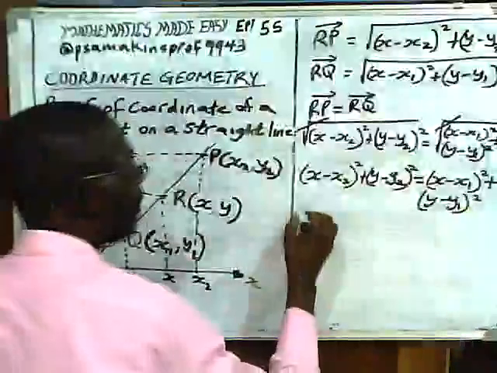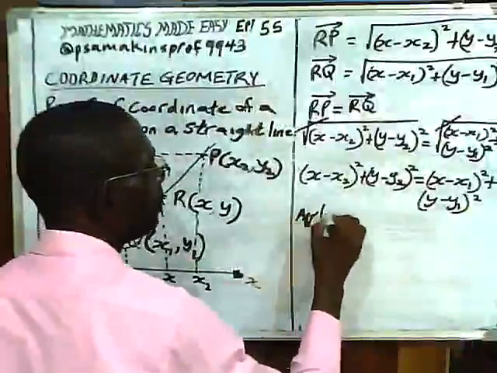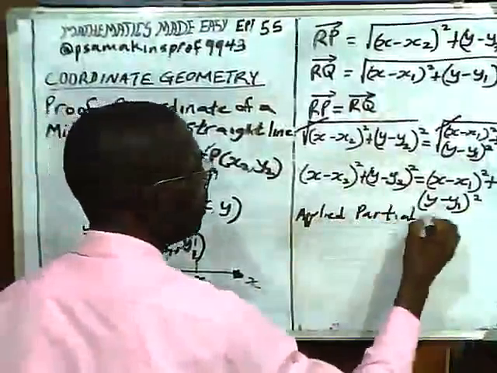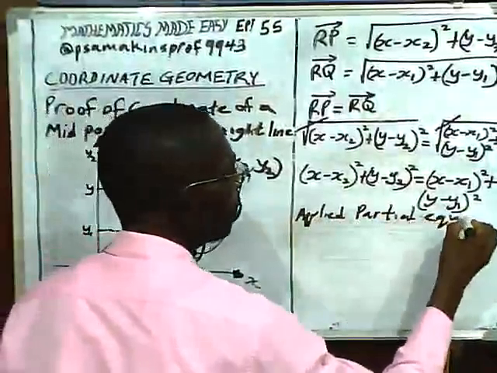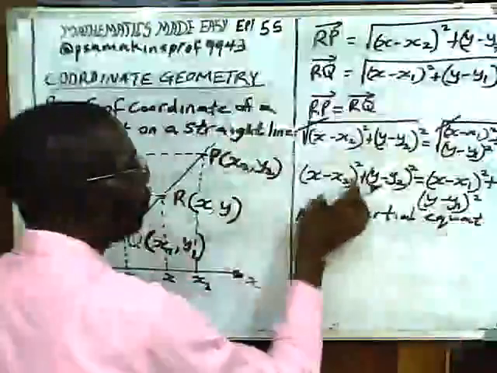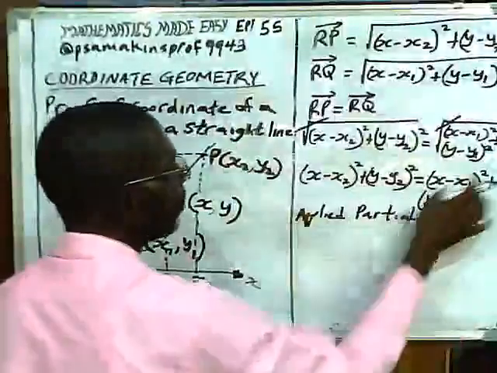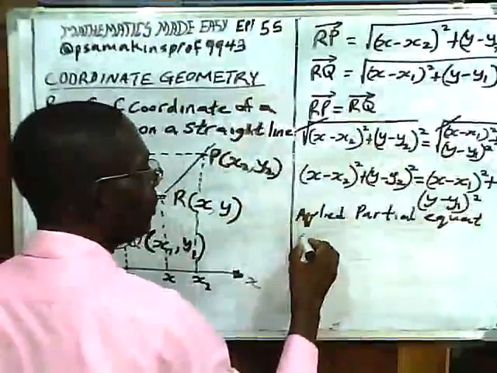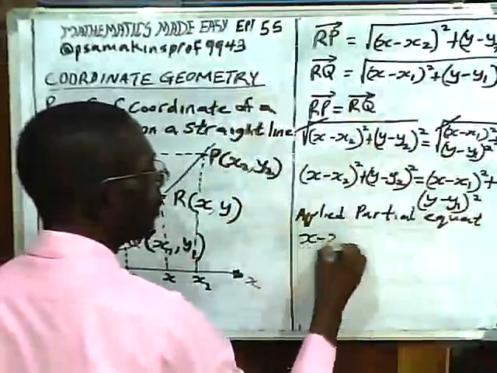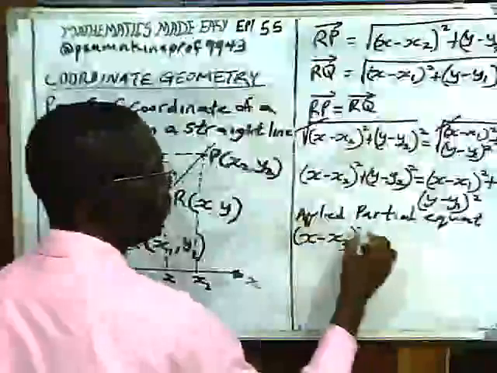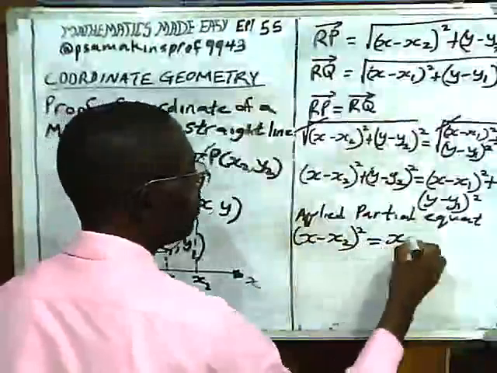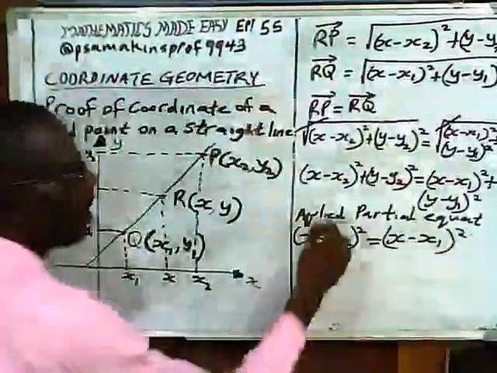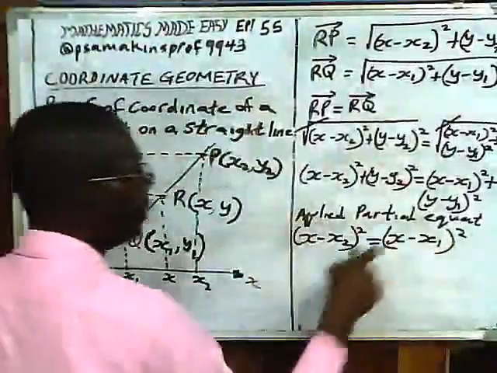So we are going to apply partial equation. If we apply partial equation here, we put x to be that of x and y to be that of y. So we have x minus x2 all in square equivalent to x minus x1 all in square. Do not cancel out the square because of what we need to derive.